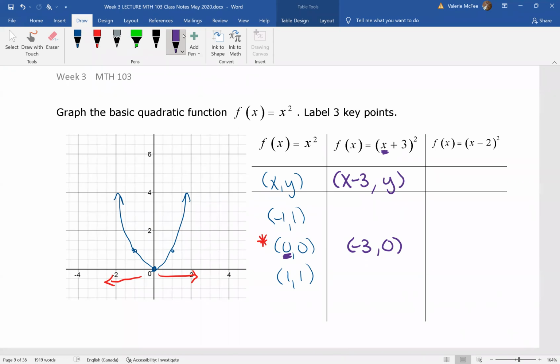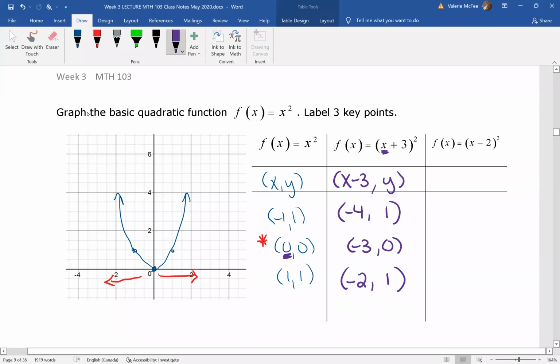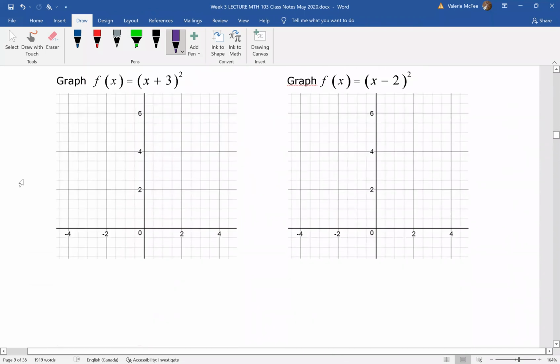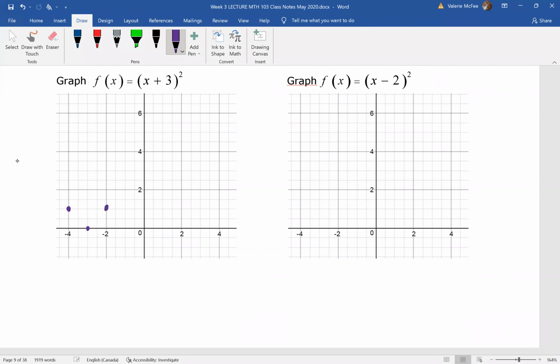So if I subtract 3 from x, I have -4, y stays the same. 1 subtract 3 is -2, y stays the same. Let's graph that here on the grid I've given you. -4, 1, -3, 0, -2, 1.